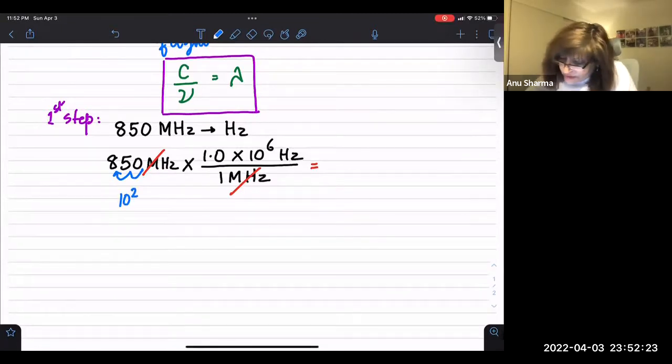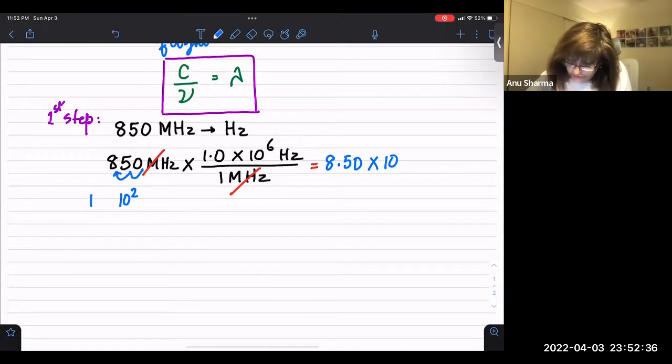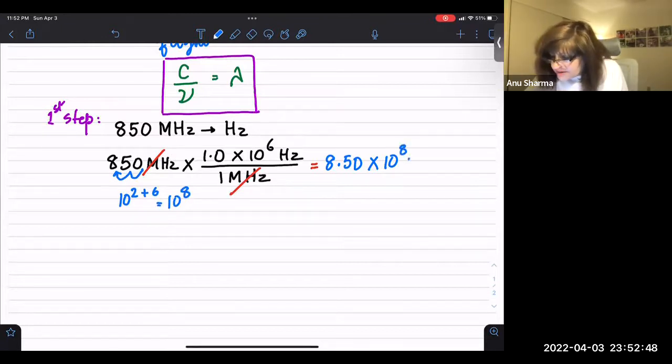So this is 8.50 × 10^(6+2), which becomes 10^8 hertz.